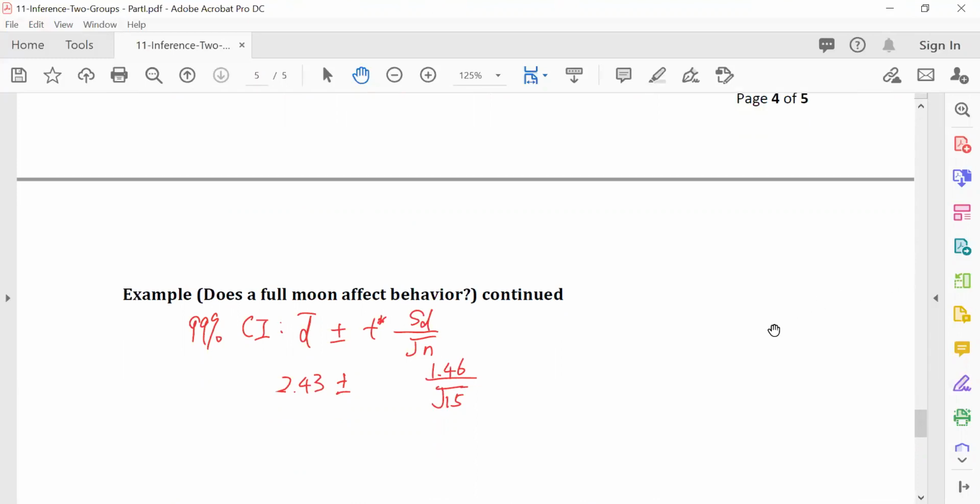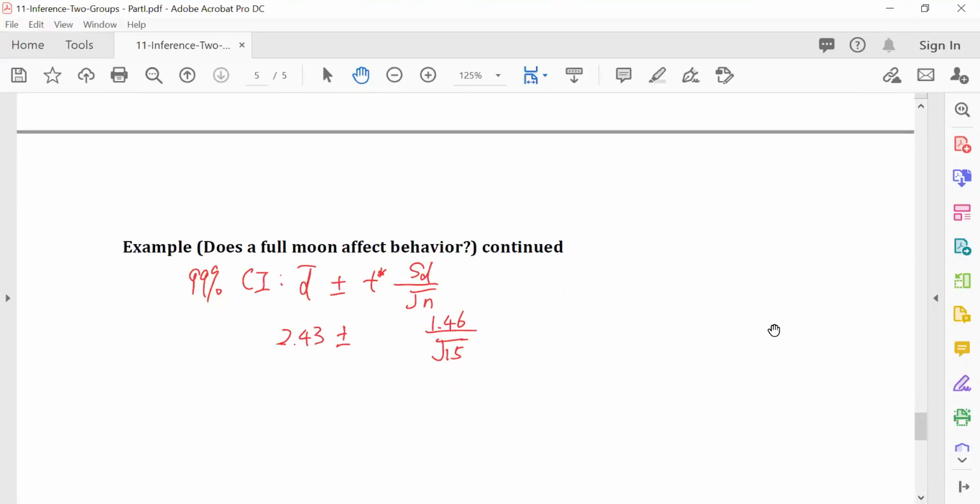you should already know how you could find this, but let me draw the graph again. So suppose this is the t distribution. The 99% confidence interval means the area in the middle is 99%. So the area on the two extremes is going to be 0.005 each because they are symmetric.